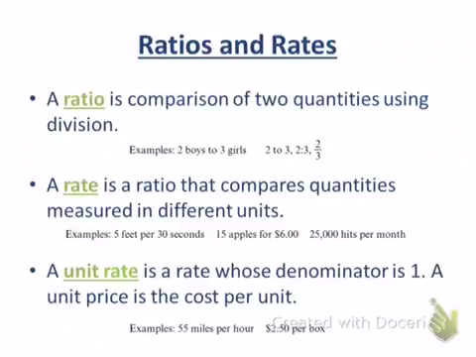If a dozen donuts was $12, what's the unit rate? $1 per donut. What does one item cost? Of course, you could say that per box is also a unit rate.